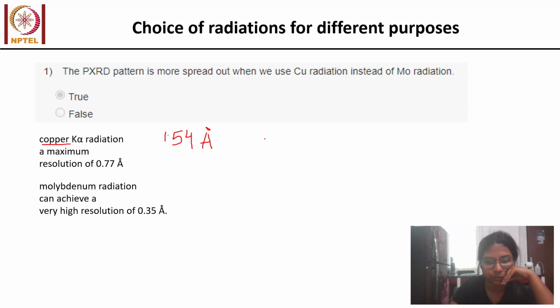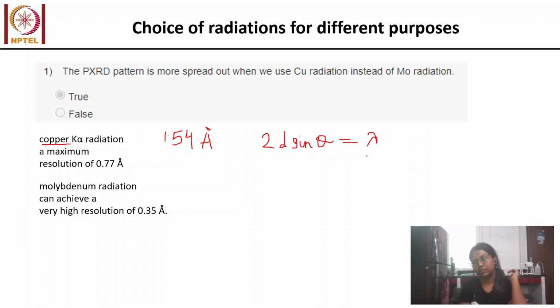This is obtained from Bragg's law, a very basic, universal concept which is applied in many places to solve questions. So what is Bragg's law? Bragg's law gives us 2d_HKL sine theta equal to n lambda. For first order reflection, we can take n as equal to 1.